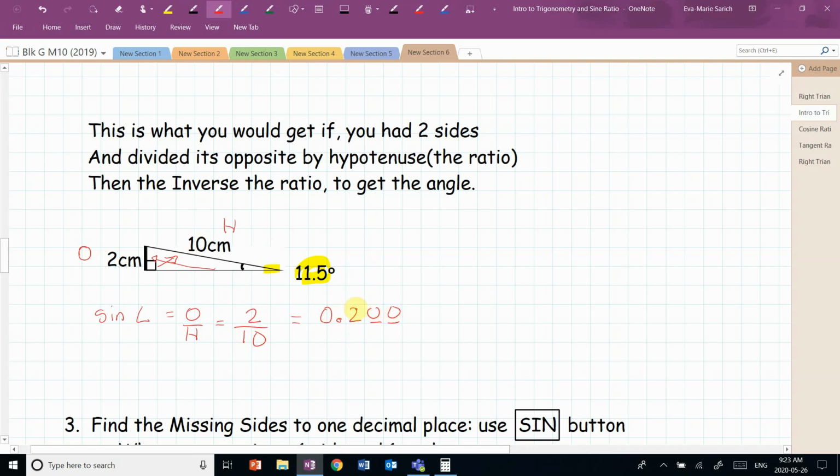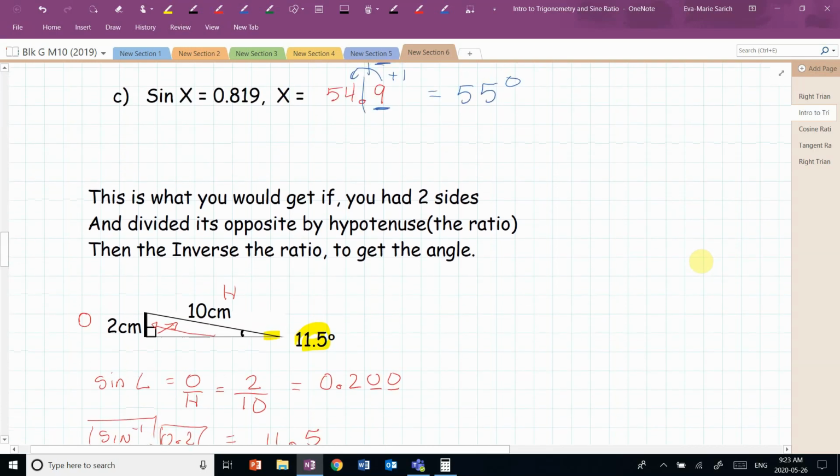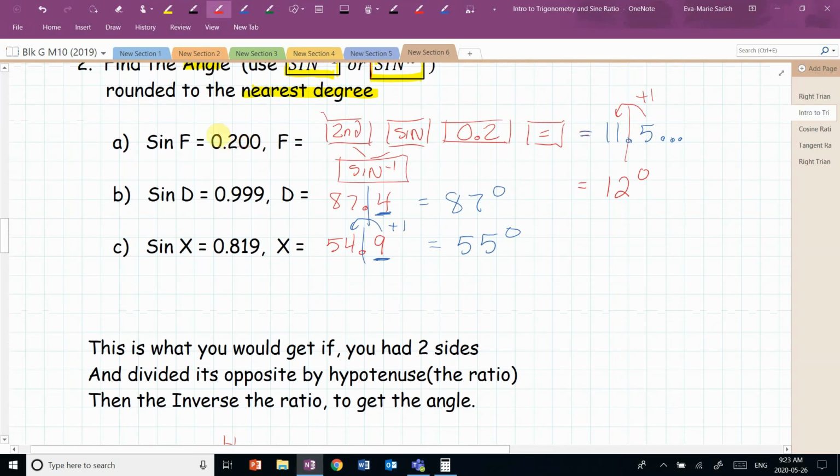If we know the ratio, we can use our inverse button. So sine -1 of 0.2, and what we end up with is 11.5. Okay, so we've done that already. 0.2 gave us 11.5 and we rounded that to 12.